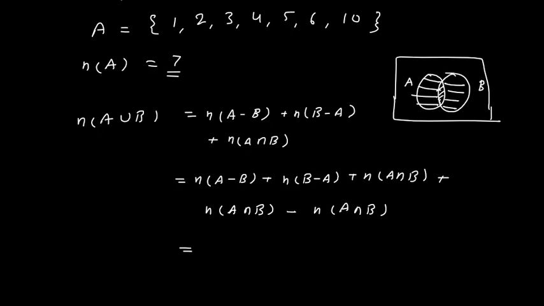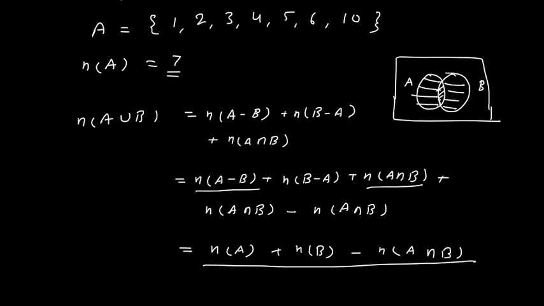So we discussed how we arrive at the formula: n(A union B) is n(A) plus n(B) minus n(A intersection B).